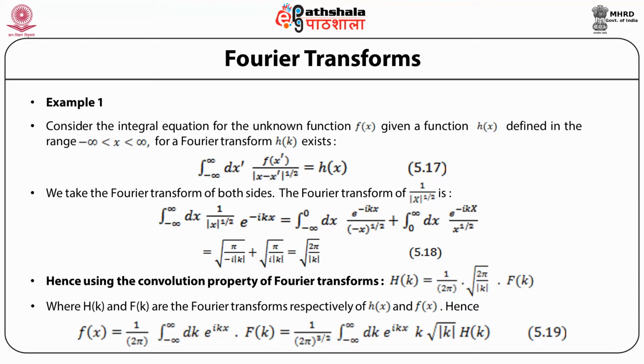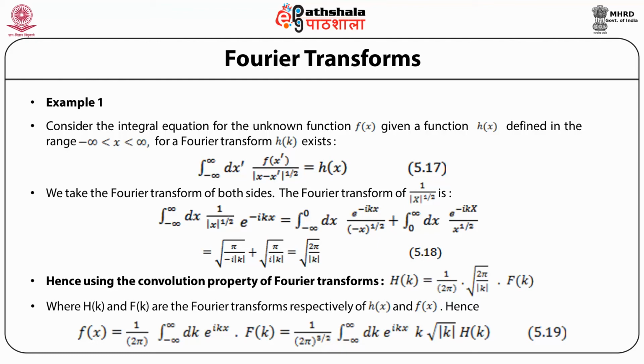Substituting for f(k), it is 1 upon 2 pi to the power 3 by 2, the integral from minus infinity to infinity dk e to the power ikx multiplied by k into square root of mod k, h(k). So we have now obtained the solution f(x) in terms of the integral, where H(k) is now known, being the Fourier transform of h(x).